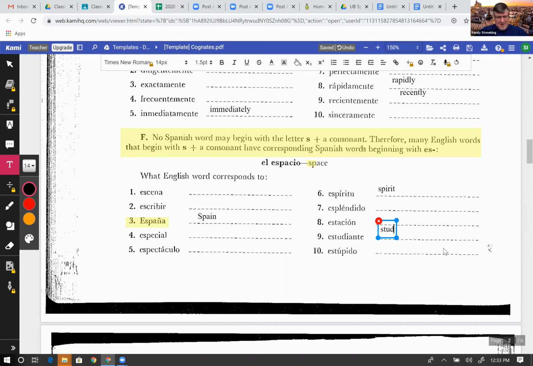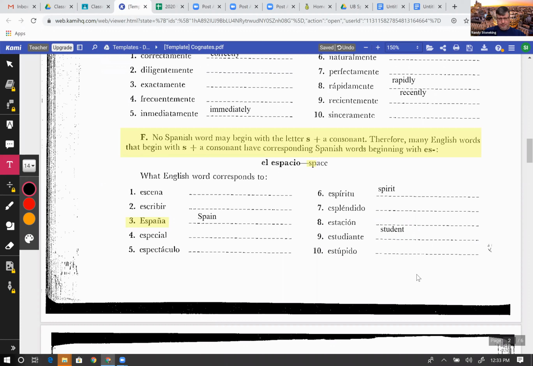Student. There you go. Student. And again, we have a little bit of a spelling change there. But knowing that pattern gets us close enough where we know if we take off that E, we're left with studiante. That even sounds more like student. So we're making that educated guess as to what we think it means.